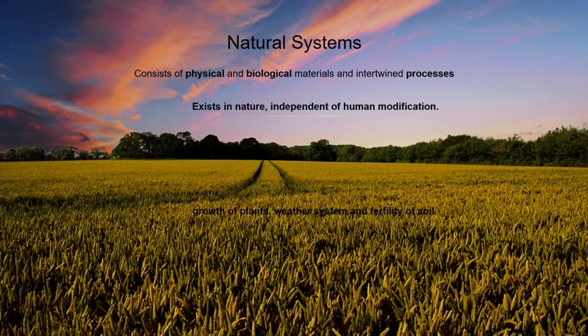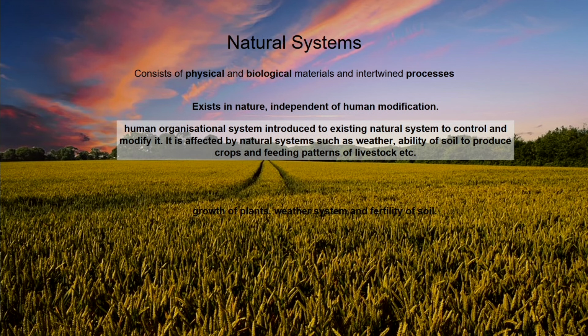Now, let's talk about agriculture. Agriculture happens when a human organizational system is introduced to an existing natural system to control and modify it. It is affected by the natural systems such as weather, ability of soil to produce crops, and feeding patterns of livestock and so on.